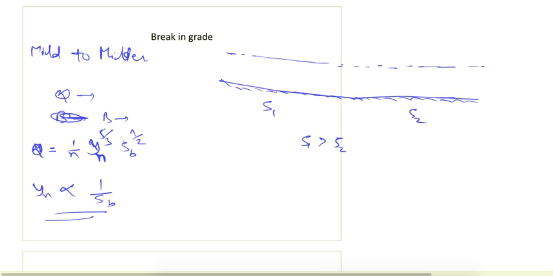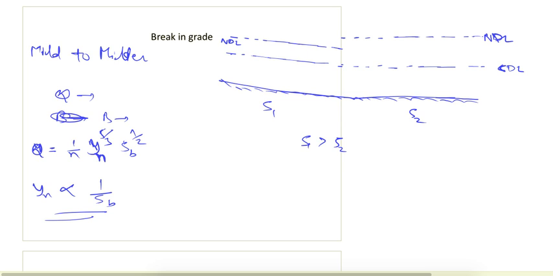It means if I'm increasing the slope, the normal depth will be smaller, and if I'm decreasing the slope, the normal depth will be higher. So here, because the slope is more, this will be the normal depth line, and here the slope is less, so the normal depth line will be at a higher level, but the CDL line will remain because it is not affected by the slope.